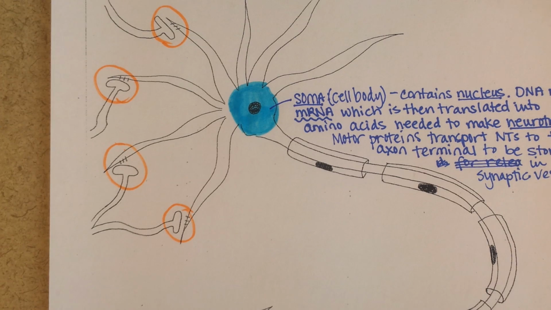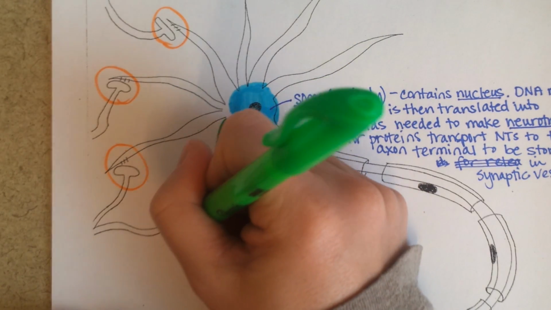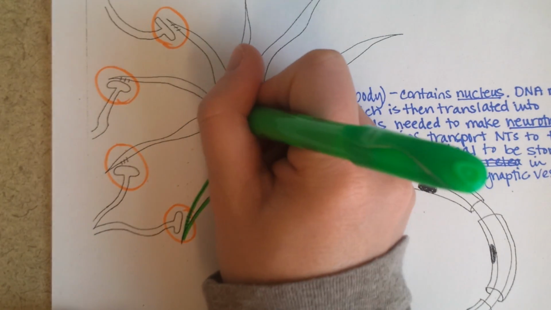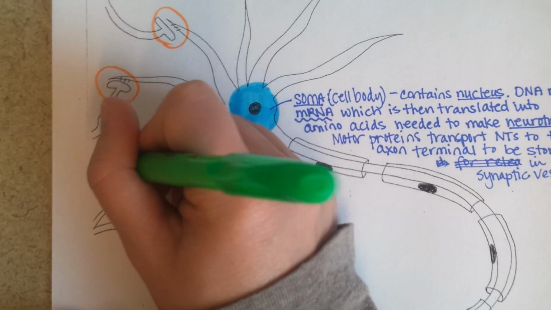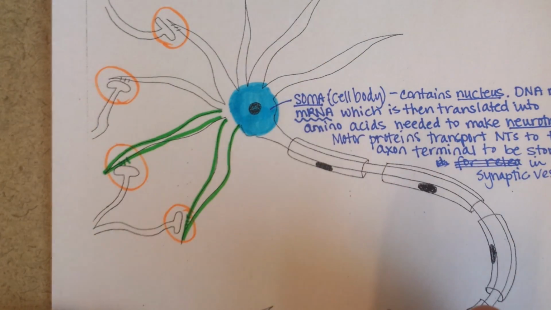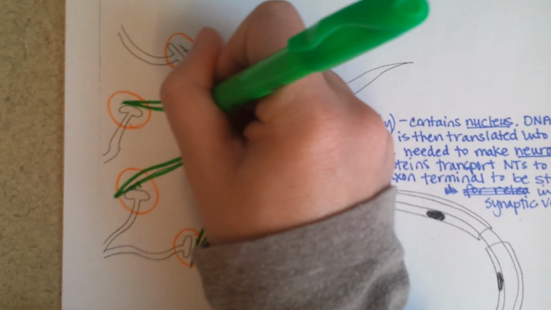We'll do that in green. And then the little hatch marks that I've put on these, those are receptors that bind to neurotransmitters.